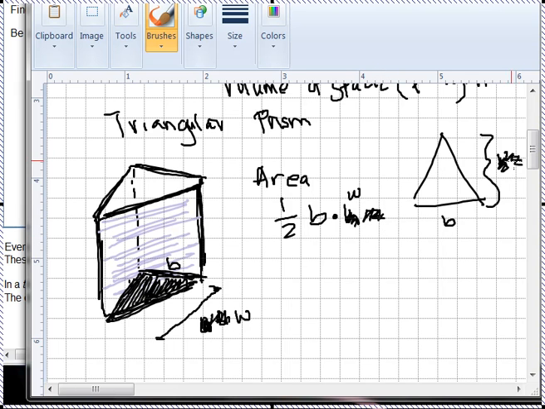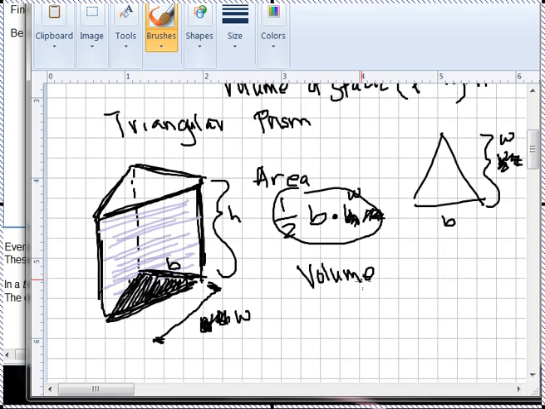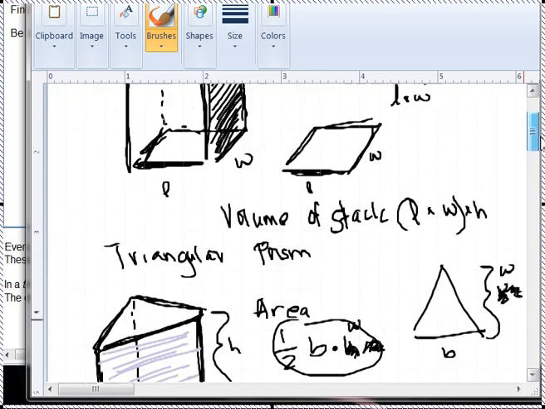So I've got 1/2 base times width, which is the depth from here to here. Now, the width that we're talking about here is the measurement from here to here, and usually they give that to you. But the reason why I want to call that W is because I want to call this H. To find the volume, I would take the area and multiply it by the height, as in what we've been doing all along, just like what we did up here.